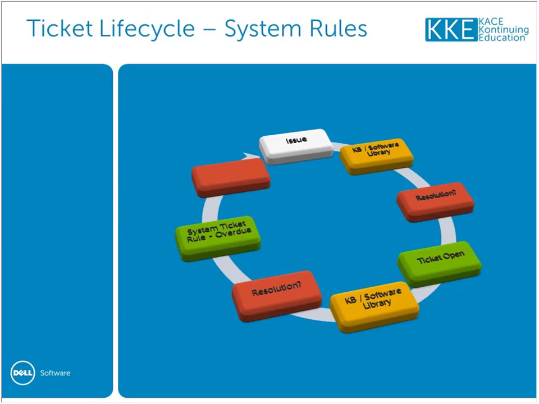That's where the system ticket rule waiting on customer comes in. Once the ticket has been in waiting on customer for, pick your time, 2 days, 2 hours, 7 days, 2 weeks, a month, whatever. Once it's been in that status for, I'm going to say 7 days, then it automatically changes the ticket from waiting on customer to waiting overdue.